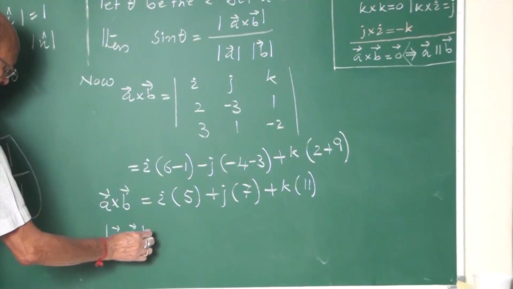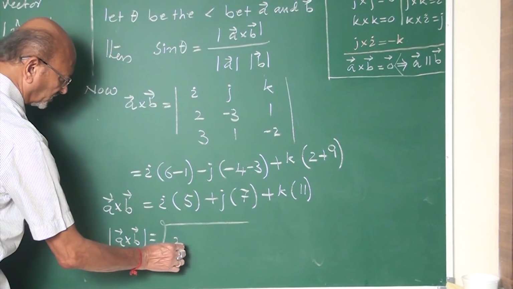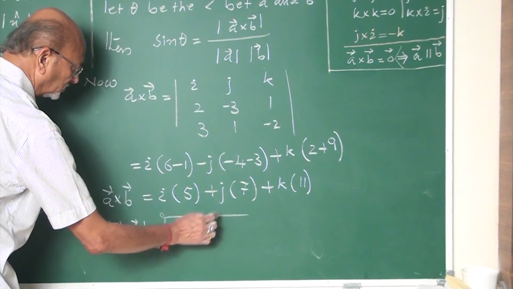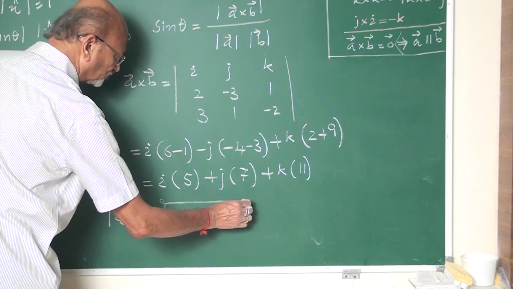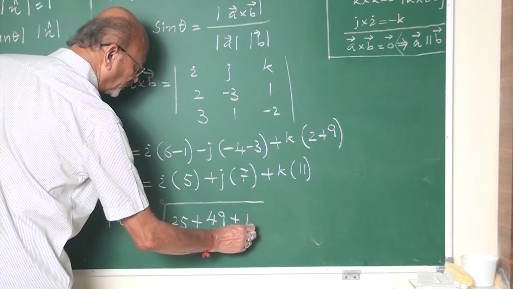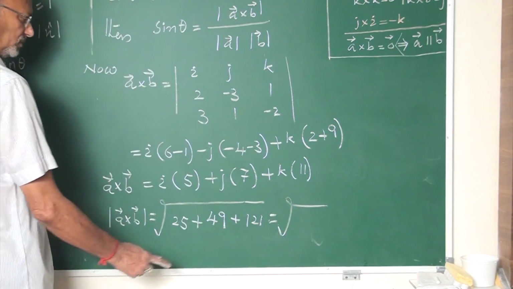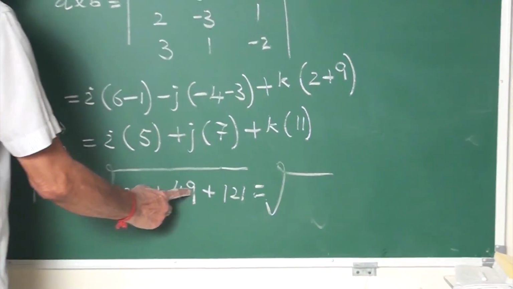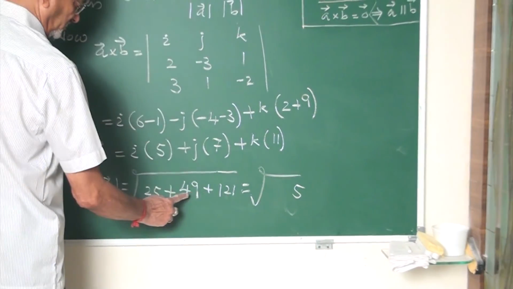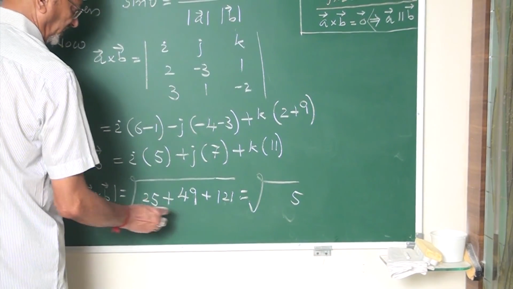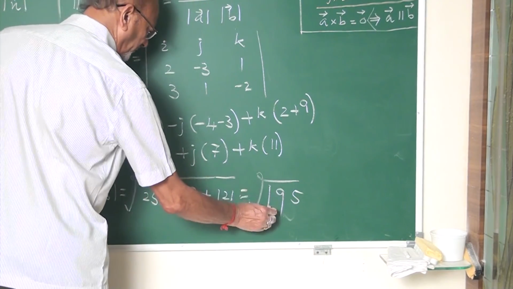Magnitude of A cross B is square root of 25 plus 49 plus 121, which equals square root of 195.